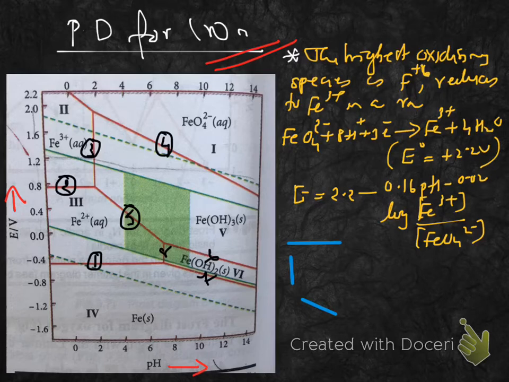In this diagram, you can see around 8 lines with different slopes. Generally, 3 kinds of lines can be seen. One is horizontal line like this, horizontal line like this. They represent a redox reaction which are independent of pH.